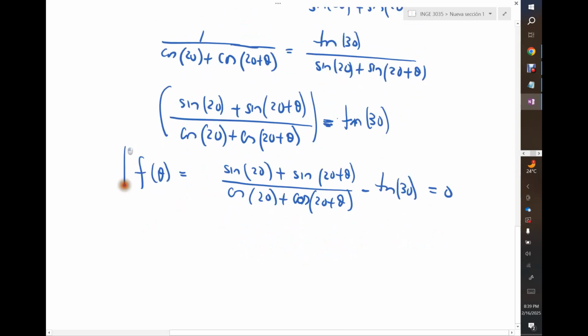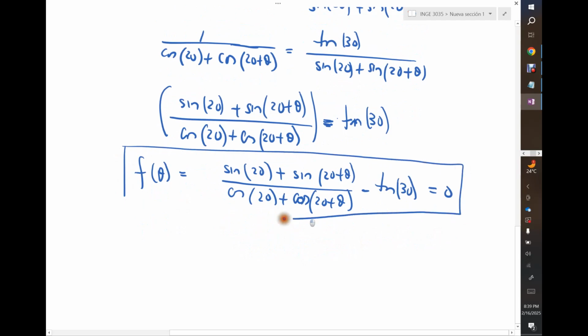So this is the function that we now need to look at, for that value of theta that will make the whole thing 0.